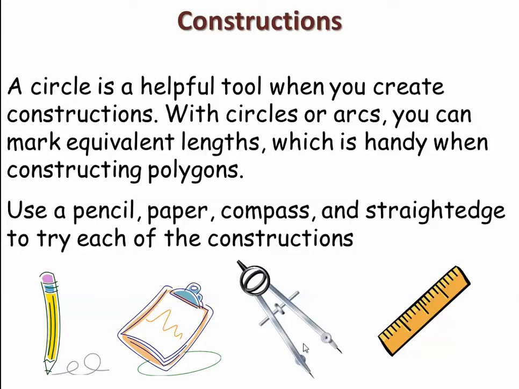So do not use a protractor unless you're using it as a straight edge or comparing and making sure your constructed angles are the same size, okay? When you're creating a construction, you always use a compass, and of course there's a straight edge. And you received a compass and a straight edge in your K-12 supplies.